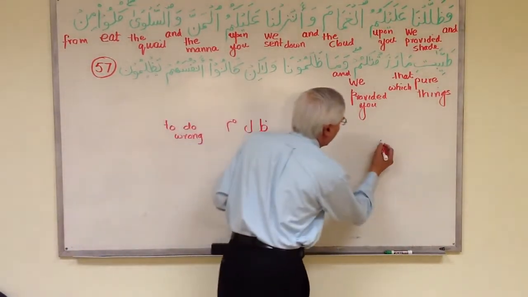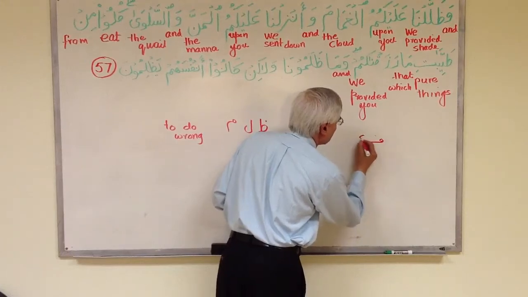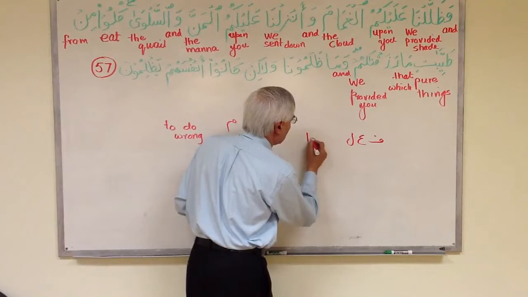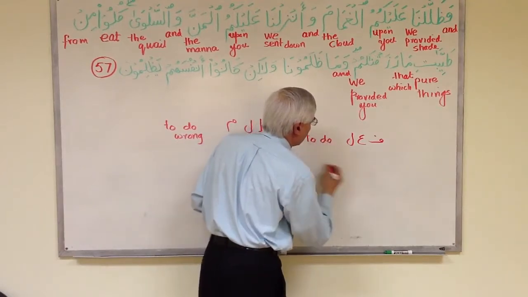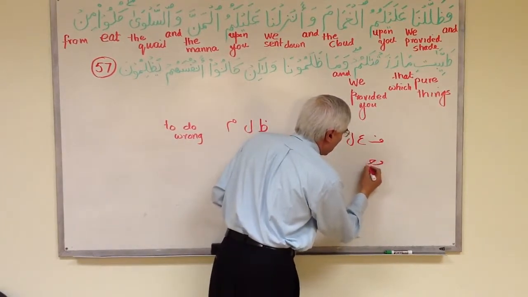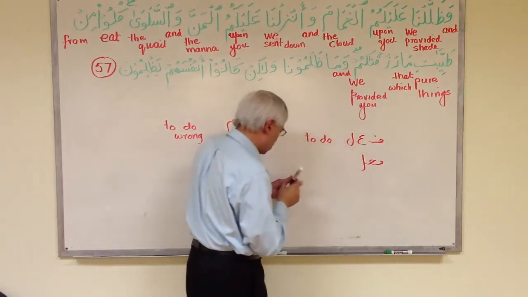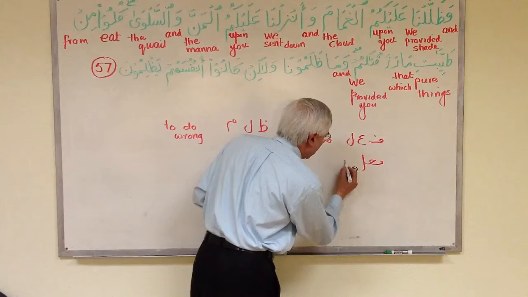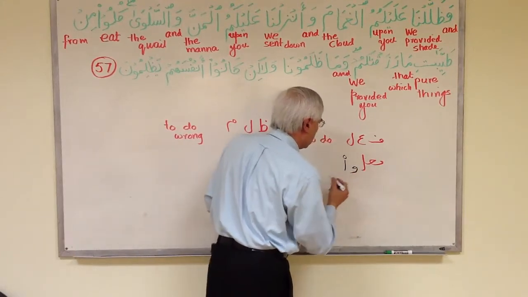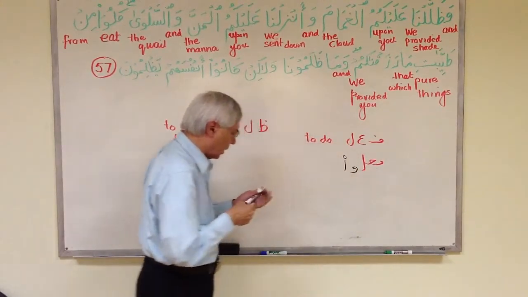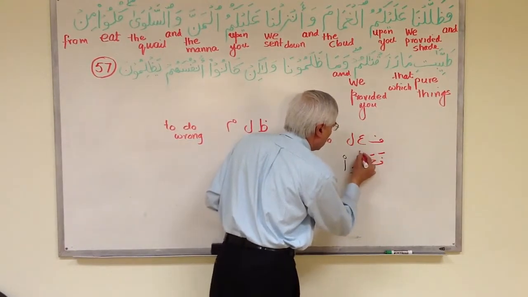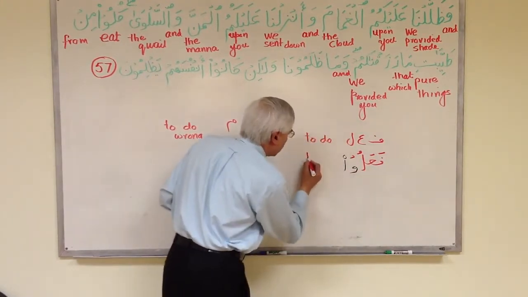Okay, so now going back again to three letters, fa, ayn and lam mean to do. If we put a waw at the end, and an alif which is not recited, and put the harakat like fa'alu, this means they did.